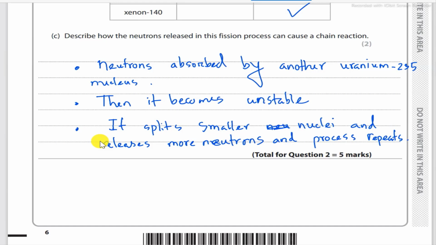In this way, this fission process can cause a chain reaction.